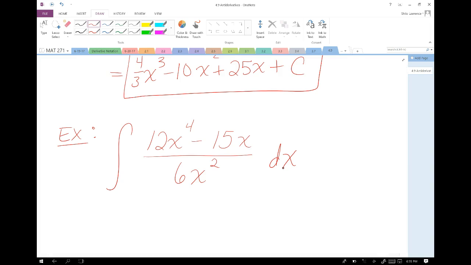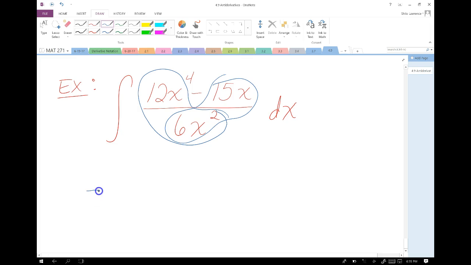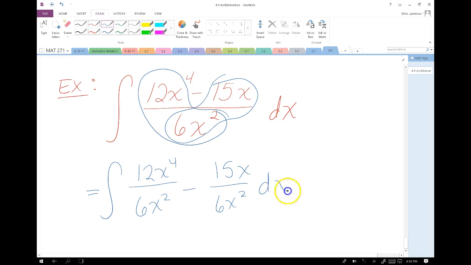So when we look at this, we see a quotient, we see a fraction. There are x's in the top and the bottom. But this one's special because there's only one term in the bottom. We can technically fix this. We can separate that numerator into pieces and simplify this. We could rewrite this as 12x to the 4th over 6x squared minus 15x over 6x squared. Both of those terms want to be divided by 6x squared.